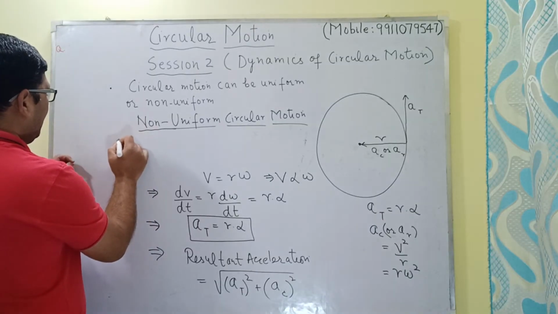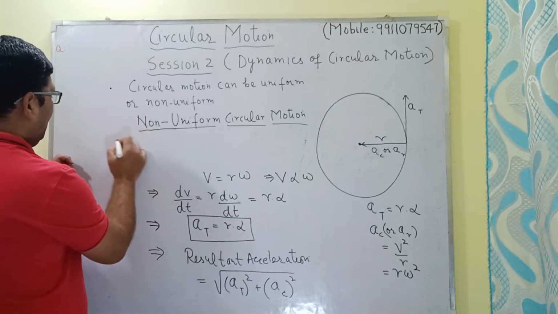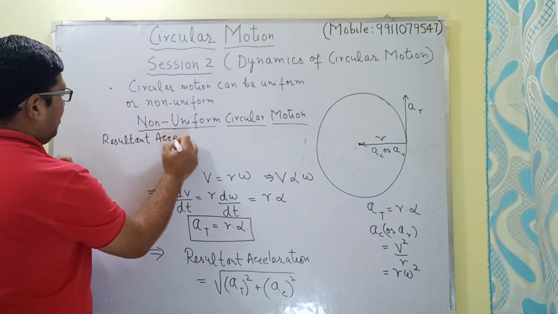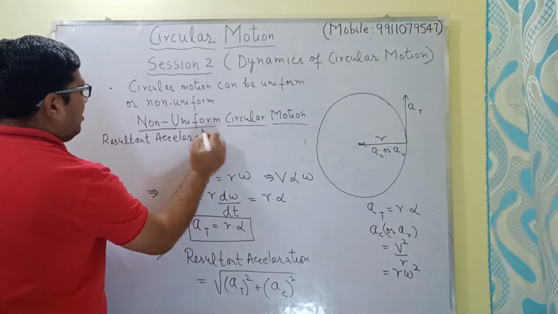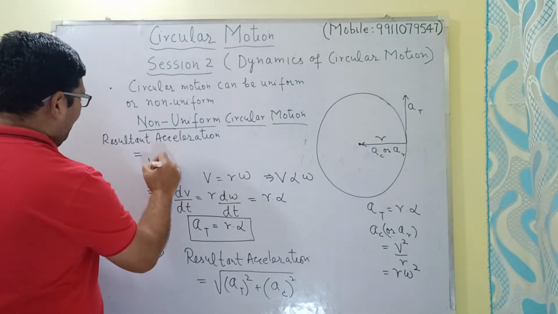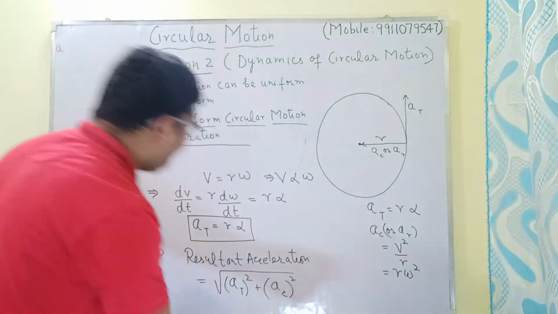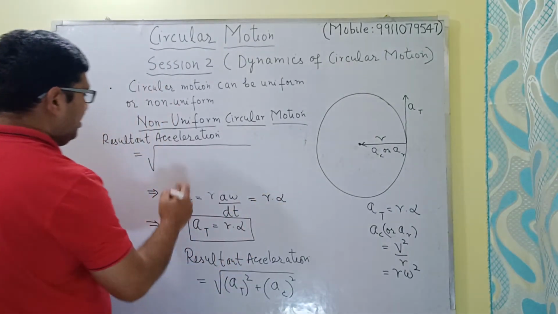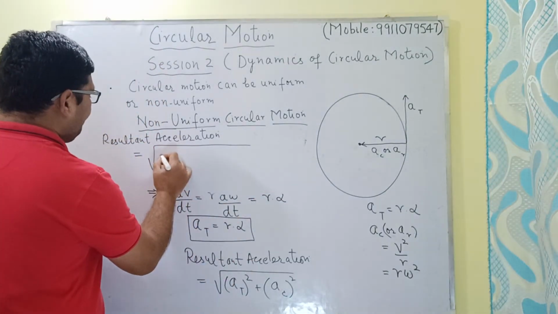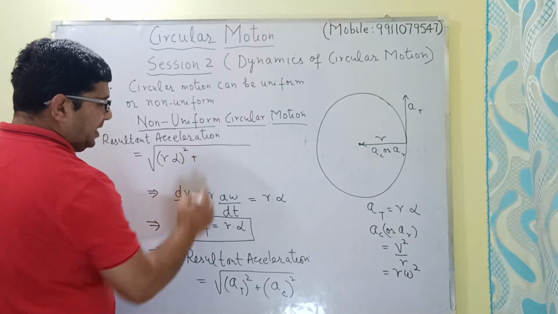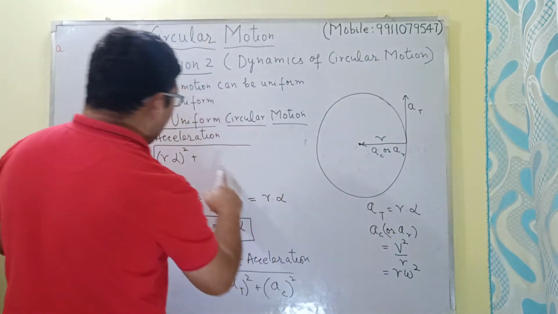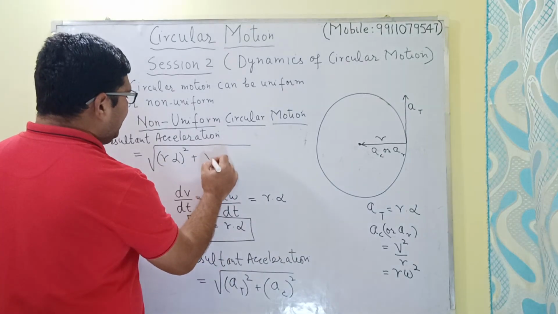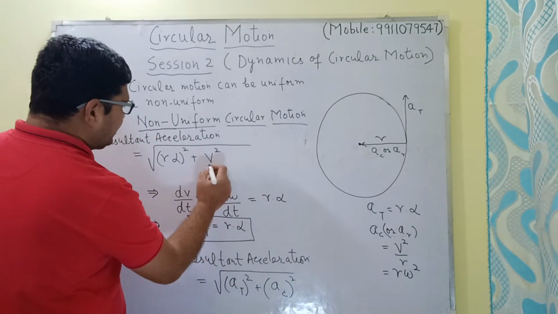So this resultant acceleration is equal to under root of AT square, where AT is equal to R alpha, whole square, plus AC, the radial or centripetal acceleration, which is equal to V square upon R, whole square.